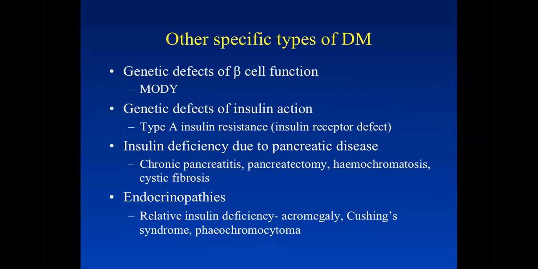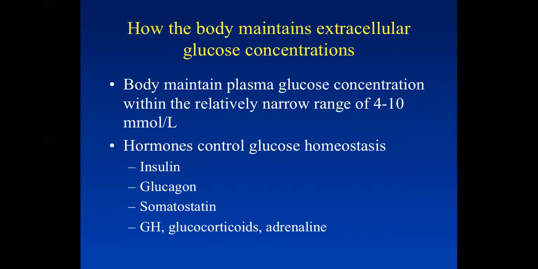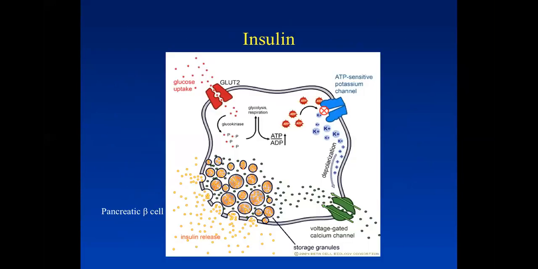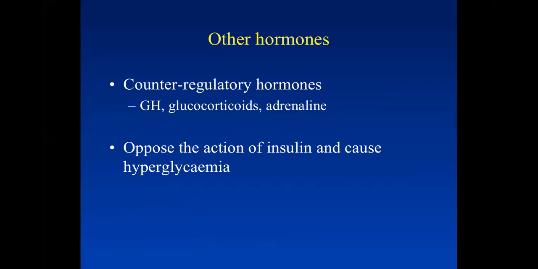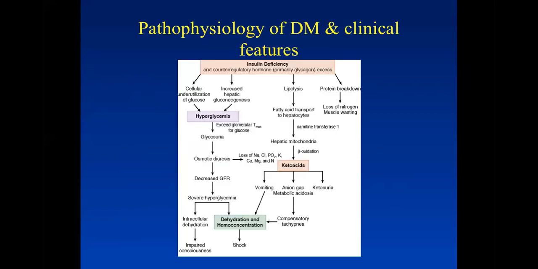Type 2, other specific types, how the body maintains glucose control. Shall I quickly go through the pathophysiology, just to recapitulate what you learned in your previous lecture with Dr. Sangwadi? These people either have insulin deficiency or insulin resistance.